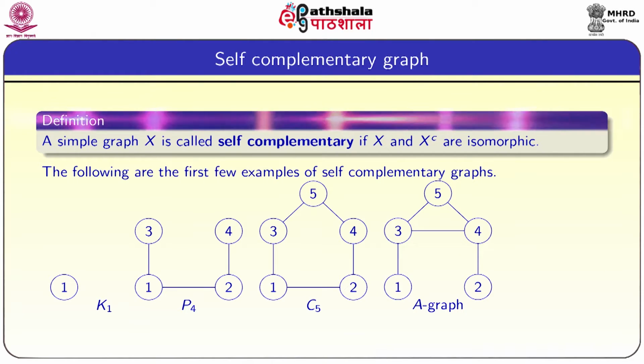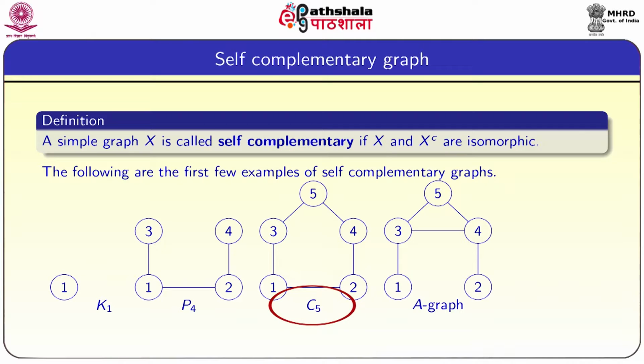It is because the complete graph K4 contains 6 edges. Now, we do not have an edge between 3 and 4, so that edge will come, and between 3 and 2 there is no edge, and between 4 and 1 there is no edge, those edges will come. So, that is again isomorphic to P4. So, its complement is isomorphic to itself. So, this is a self-complementary graph.